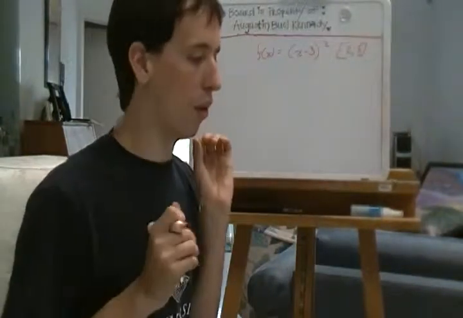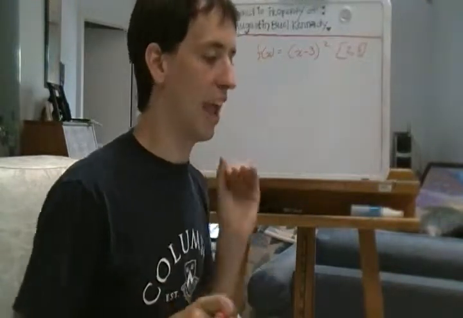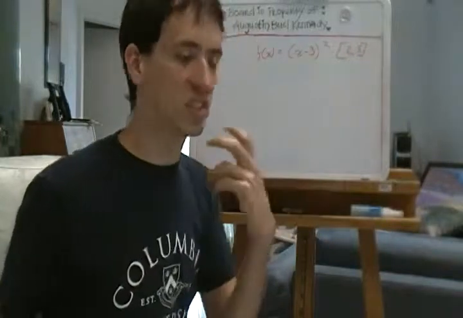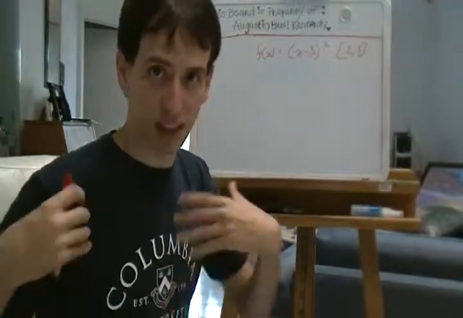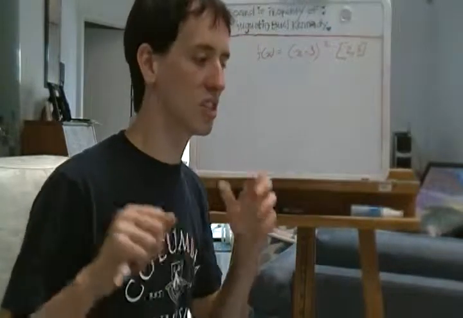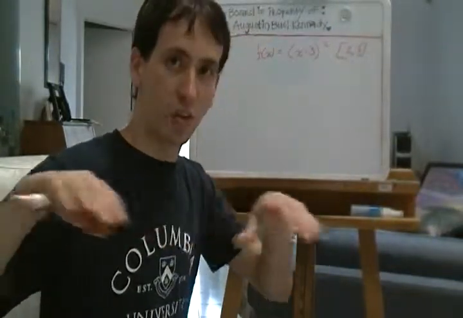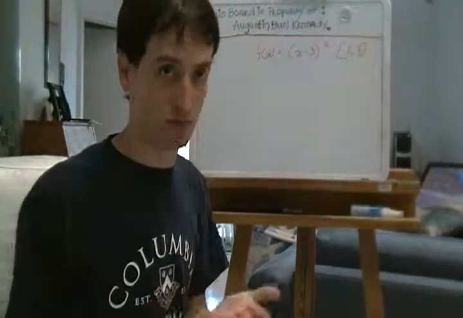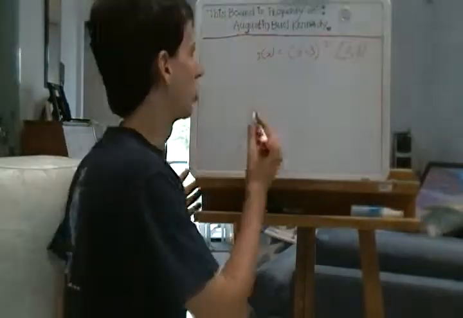I wanted you to find the average value of f on that interval. I wanted you to find a c, a number, so that f of c was the average. And I wanted you to sketch the graph of f and a rectangle whose area is the same as the average. So, let's try it.